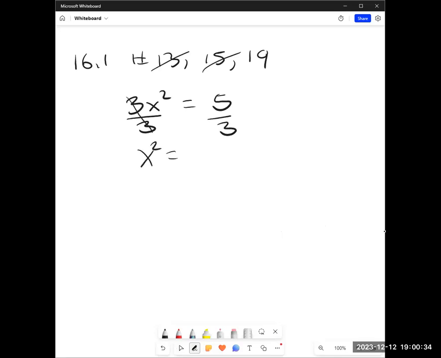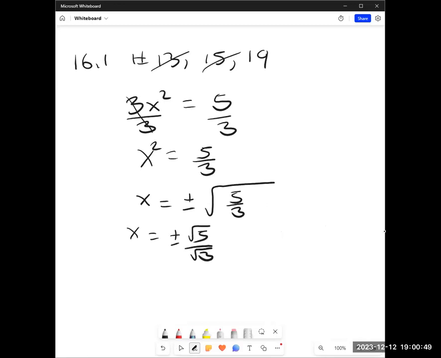X squared is equal to 5 over 3, which means x is equal to plus or minus the square root of 5 over 3. X is equal to plus or minus the square root of 5 divided by the square root of 3. That's not a square root of a perfect square in the denominator, so we need to rationalize our denominator by multiplying by root 3 over root 3.